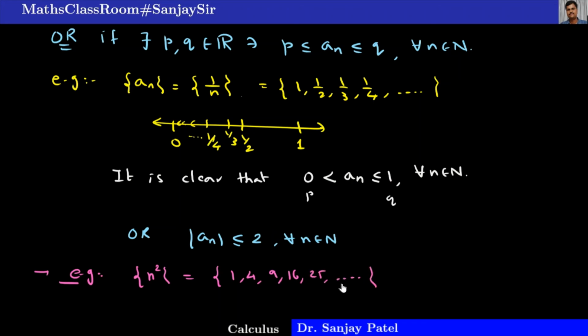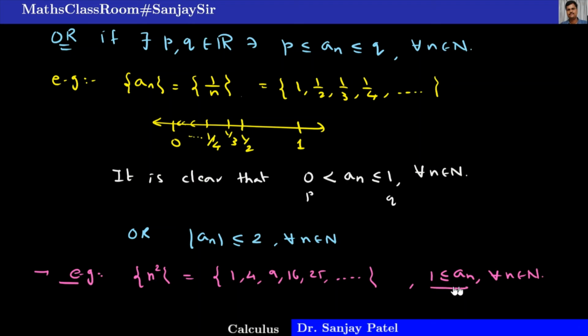You can see that the values of the terms keep on increasing indefinitely, but they will not keep on decreasing on this side. So I can say that all terms of this sequence are greater than or equal to 1, or 1 is less than or equal to a_n for every n belongs to N.